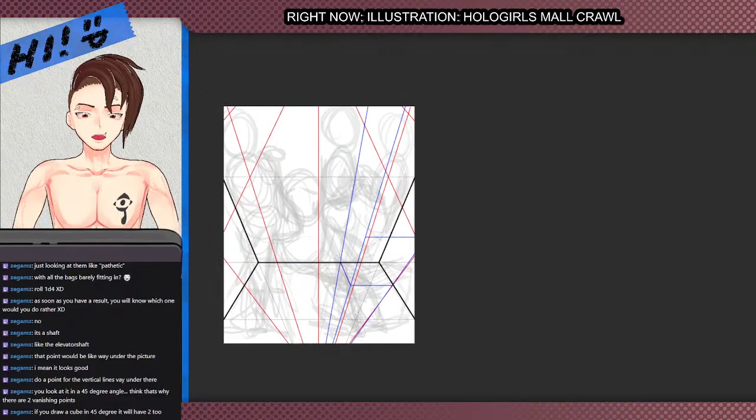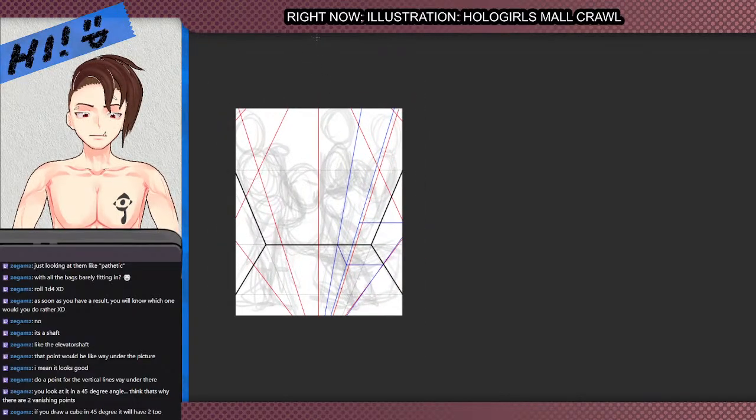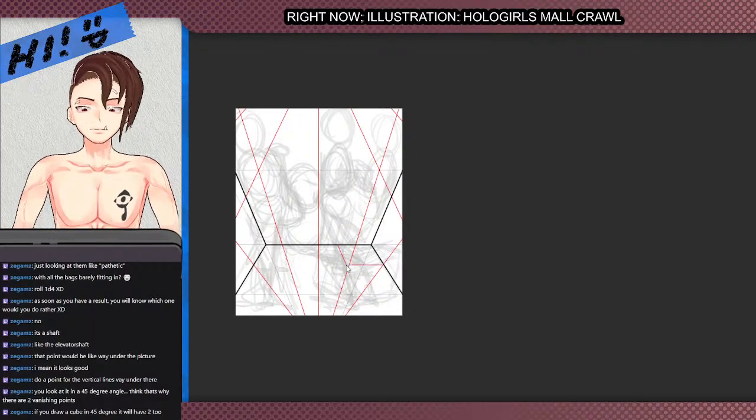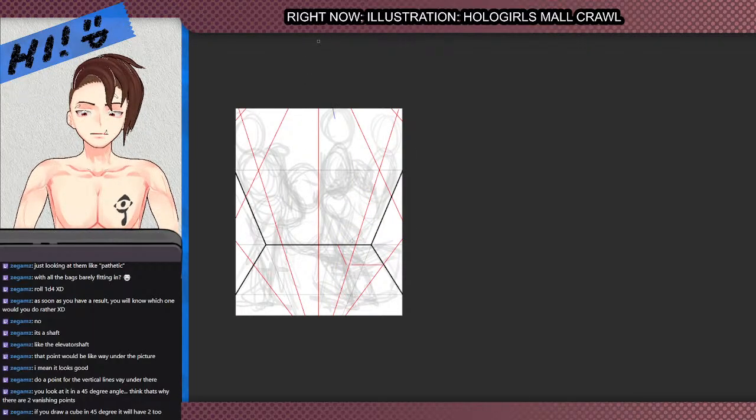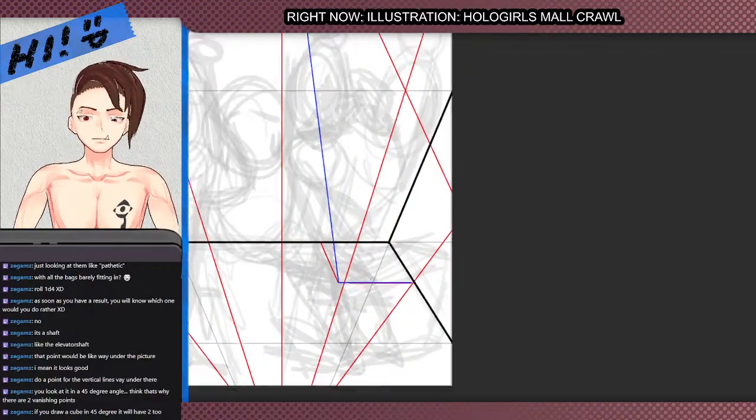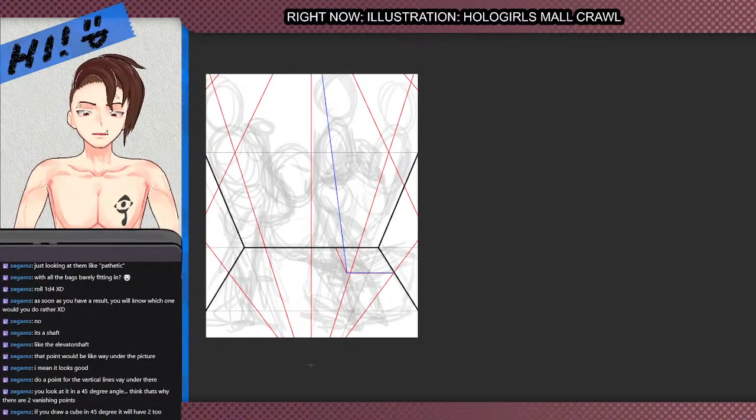Although this point is not, see, because this is where it's supposed to go. I need to figure out the point for this here, which is going to be over here, and now we are doing that. And now we know where things are going to go.